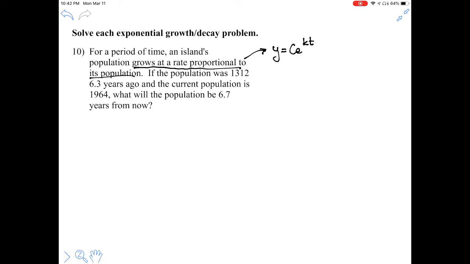Now, they didn't give us relative growth rate, k, so we need to use a value for y, c, and t in order to solve for k. The actual question is, what will the population 6.7 years from now be? So that's a future amount, which means ultimately we're trying to find a value for y. But in order to do that, we need to figure out what that value for k is.